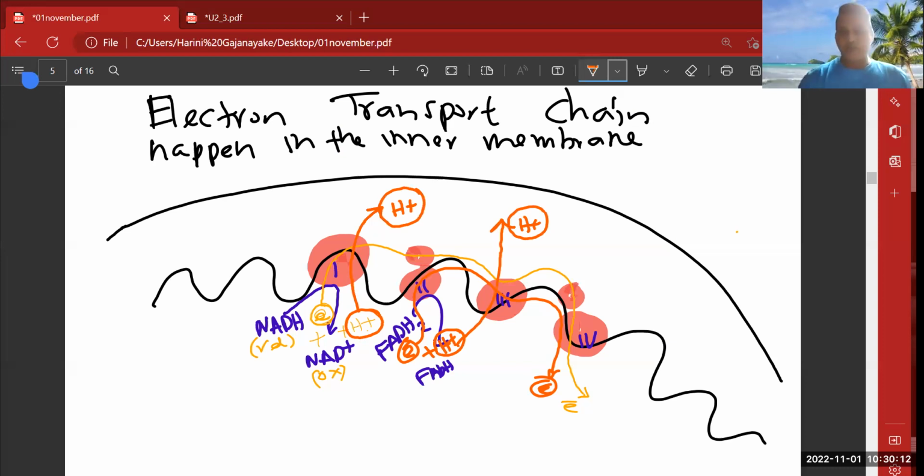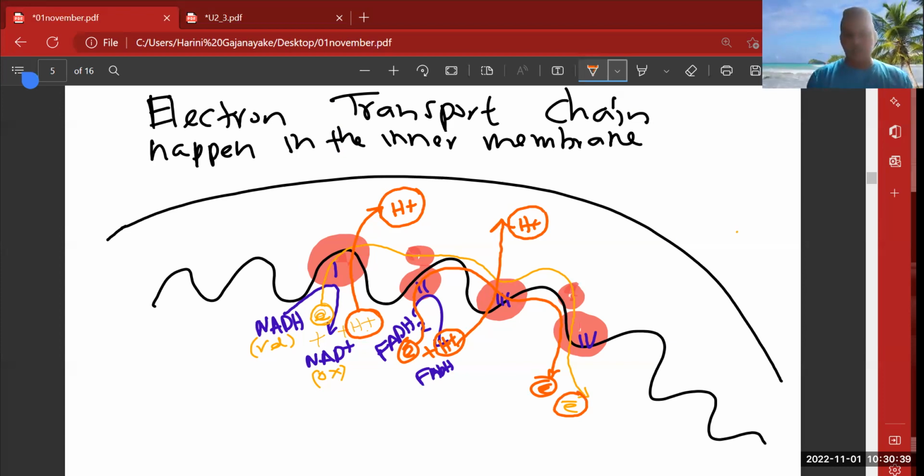Okay, now we can understand. NADH and FADH2 come with a lot of energy. This energy is taken from glycolysis. This energy is in the form of electrons and protons. In the electron transport chain, they come back to the normal forms again, NAD+ and FAD, and the electrons and hydrogen ions are released.